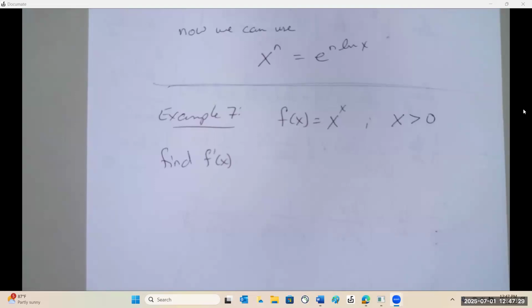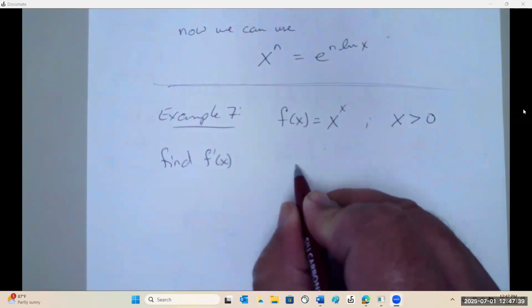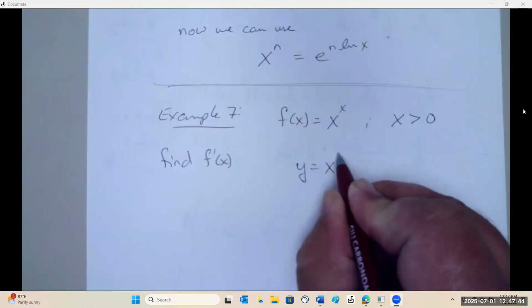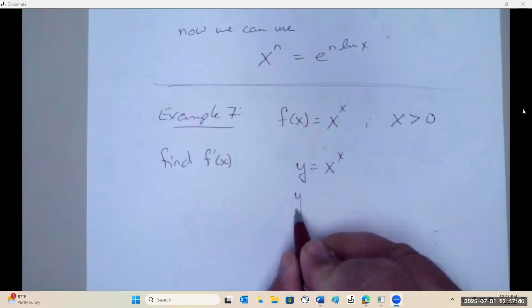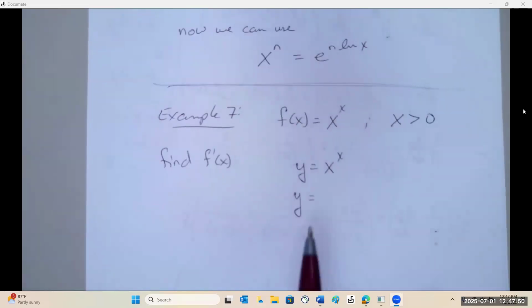Top of the page. How can we use this to represent x to the power x?